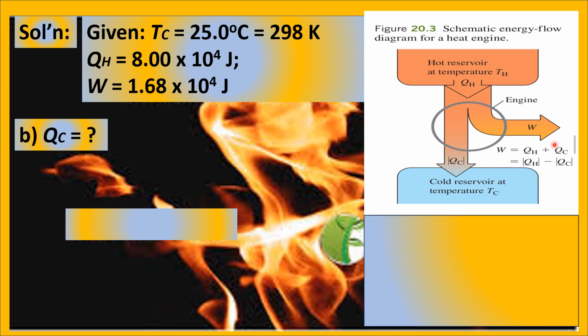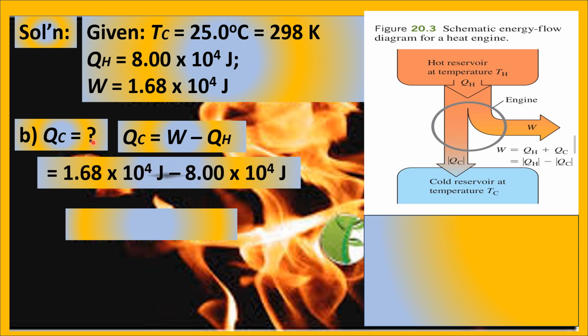The work W is equal to Q sub H plus Q sub C. But since we're looking for Q sub C, the equation for that will be the work done W minus the heat input Q sub H. Substituting, the work done is 1.68 times 10 to the fourth power joules minus the heat input amounting to 8.00 times 10 to the fourth power joules.